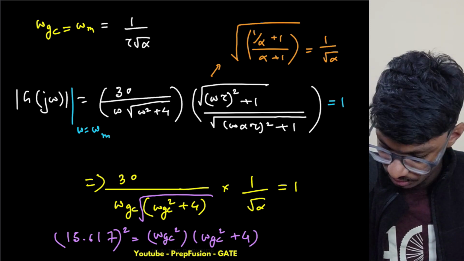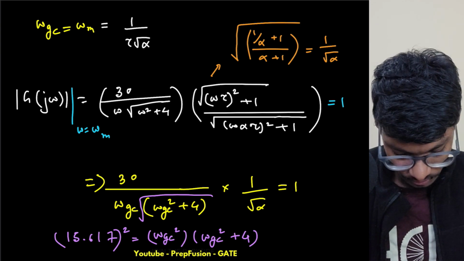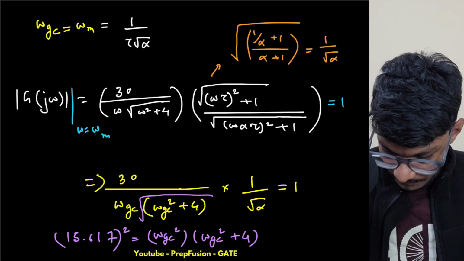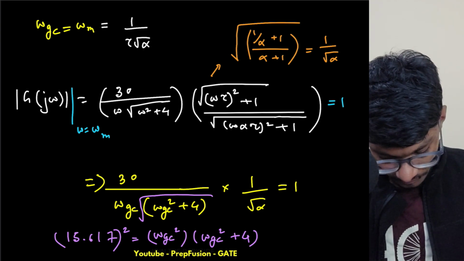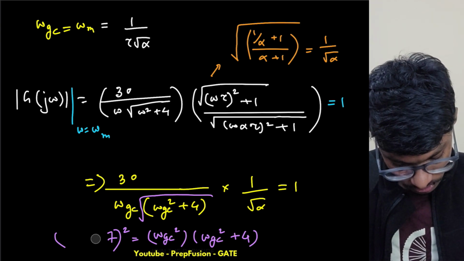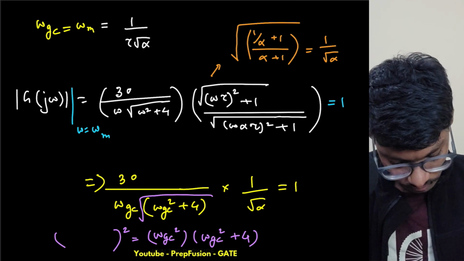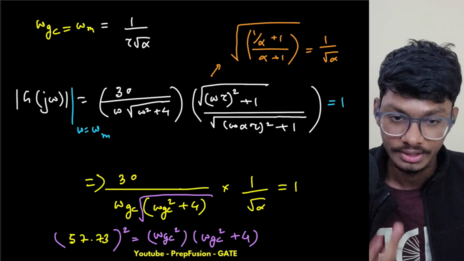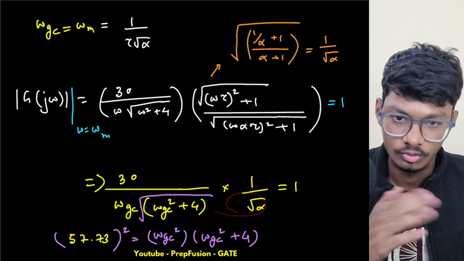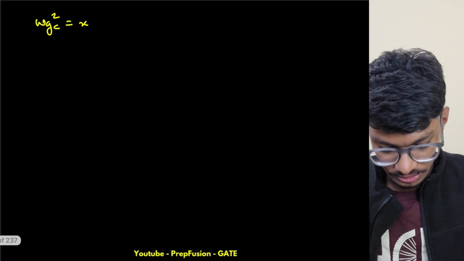Okay, this is 0.27, take the under root, and I multiply this with 30. Yeah, this will be 57, not 50. This will be increased, not decreased, because here a lower value is getting divided. Now the square of this will be 3333.